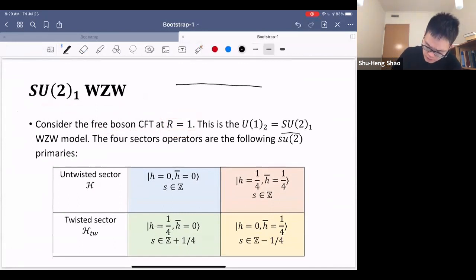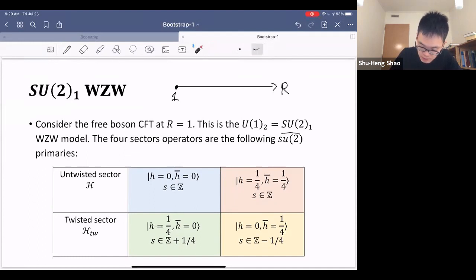More specifically, if you remember from the first lecture, we talked about T-duality. One consequence of the T-duality is that the moduli space, the conformal manifold, at least part of it, looks as follows. It starts from 1 and goes all the way to infinity.